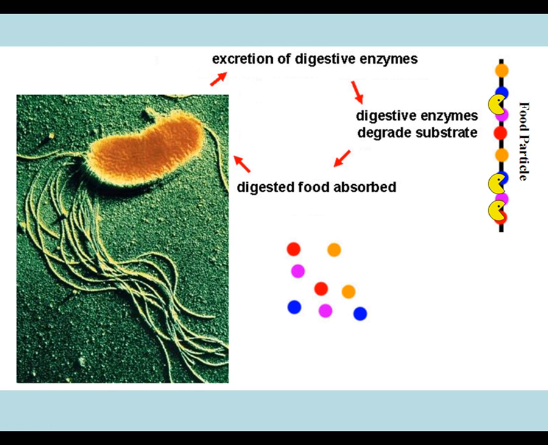So extracellular digestion means enzymes are secreted onto the food. They break down the food into small molecules, their chemical components, and those are what are actually absorbed.